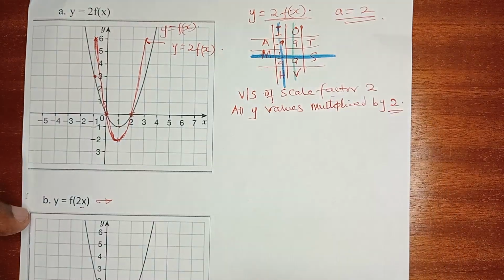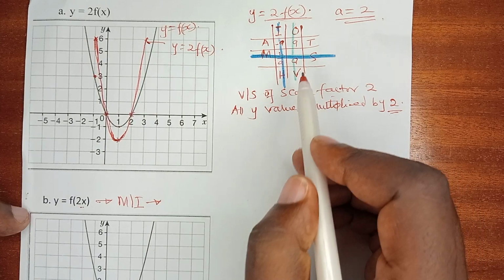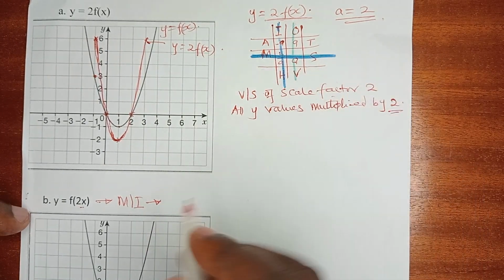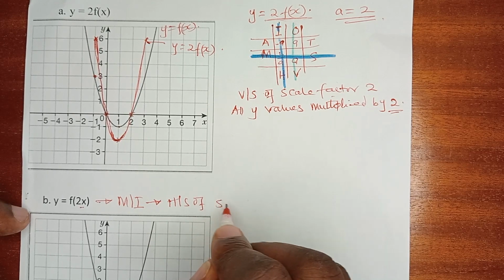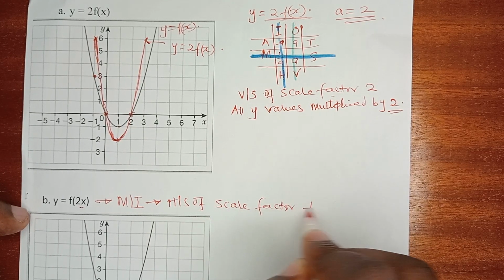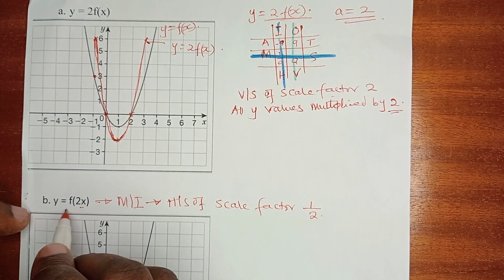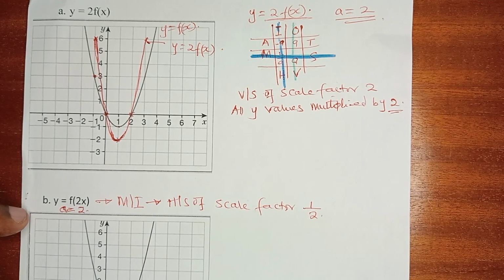This multiplication inside is a horizontal stretch, this is horizontal stretch of scale factor 1 over 2, because our a is 2.